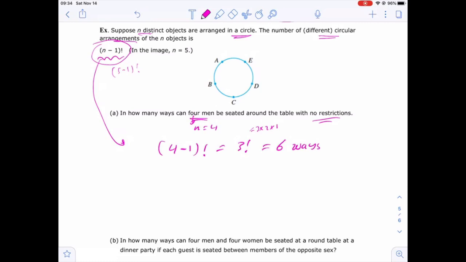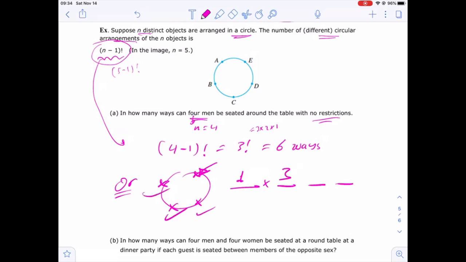Or if you want to understand it in a different way, since this is a circular table and we have 4 chairs, you need first to start with the first chair. You have only one choice, one chair to seat one of the men. So we only have one seat for the first man, and for the second man there are 3 different places, this, this, or this.